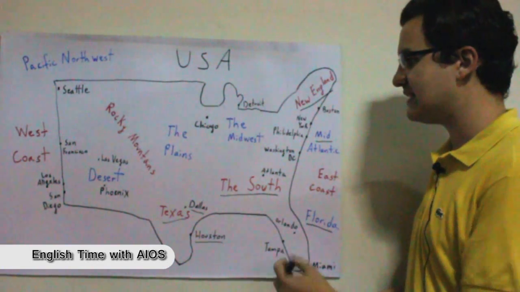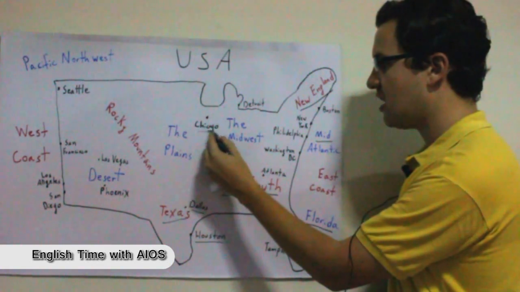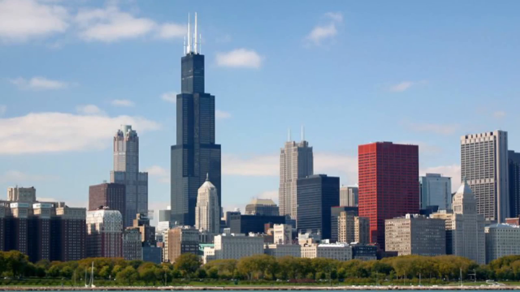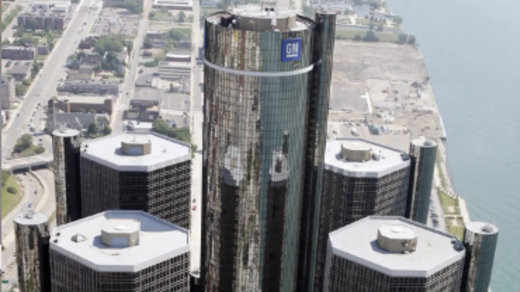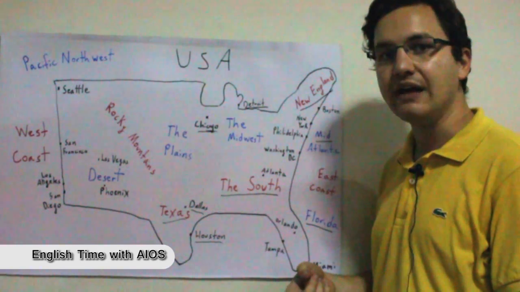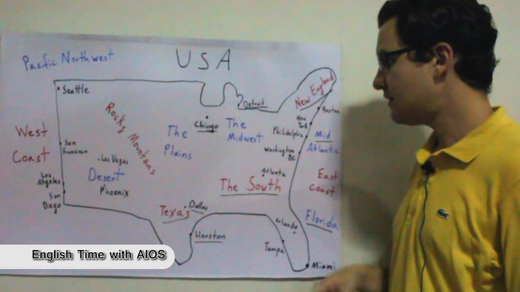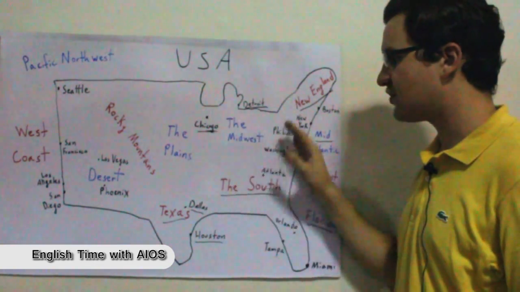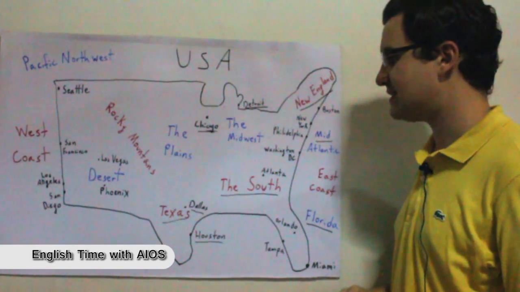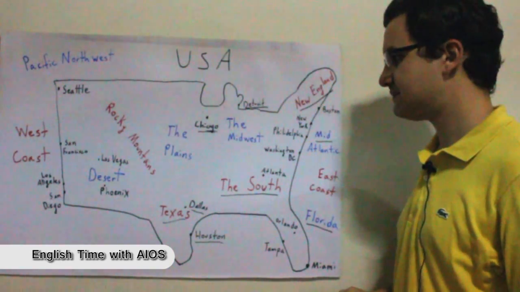The major cities of the Midwest are Chicago, the third largest city in America, and Detroit, where most of the cars in America are made, the home of Chevrolet and Ford. The Midwest is very famous for farming too. Lots of corn and soybeans are grown in the Midwest.